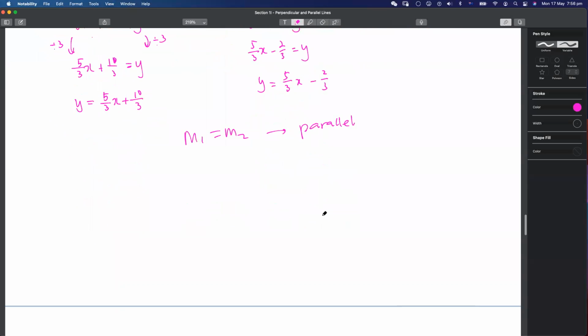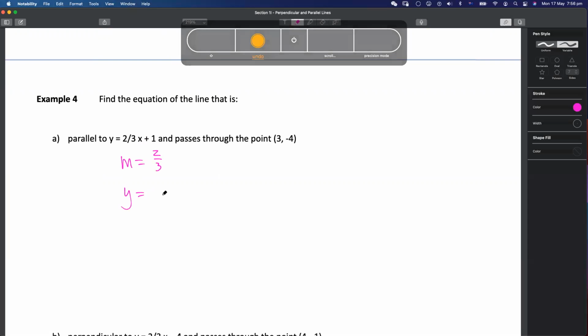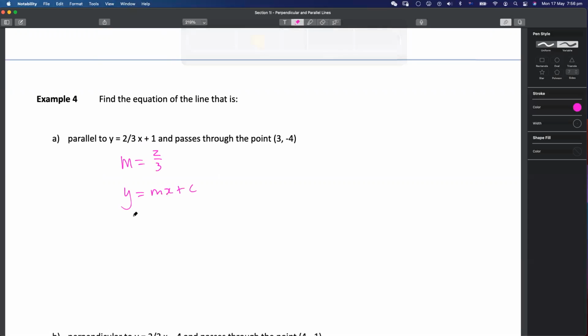All right. Last example. Find the equation of the line that is parallel to that and passes through the point 3, -4. If this line is parallel to this line, its gradient m has to be 2/3. Okay. Therefore, our gradient intercept form tells us y is equal to mx plus c.